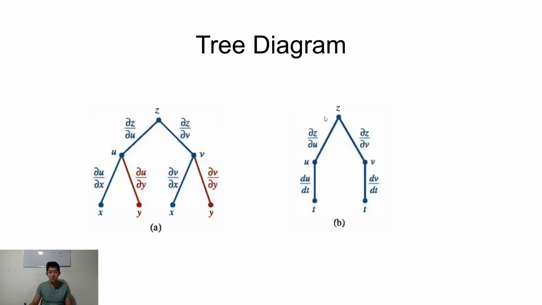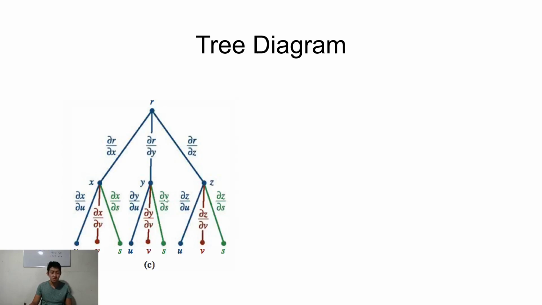For single variable, diretso ra na. Kung function of three variable, x, y, z, u, v, s, same ra gyapon ana, plus kani plus kani.